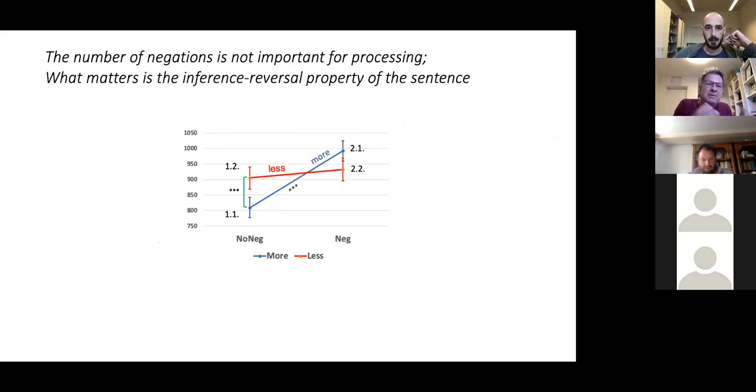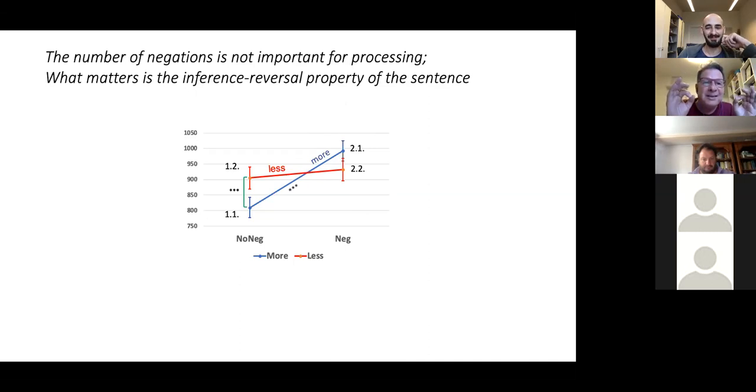So what I hope is that all of you know about Irene Heim's paper "Little" and Heinz Rullmann's dissertation and a lot of other stuff on comparatives that tells you that if you want to use the overall monotonicity of the stimulus sentence, the prediction is that the difference between more or less in terms of reaction time would be 0.